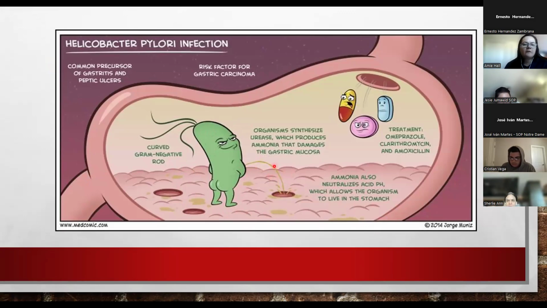So that urease, that ammonia, is going to cause damage to the gastric mucosa, which can lead to ulcers. We typically treat with clarithromycin triple therapy: omeprazole, clarithromycin, and amoxicillin come to kill the bacteria and increase the pH of the stomach to promote healing.